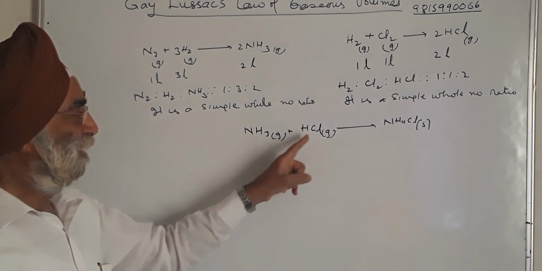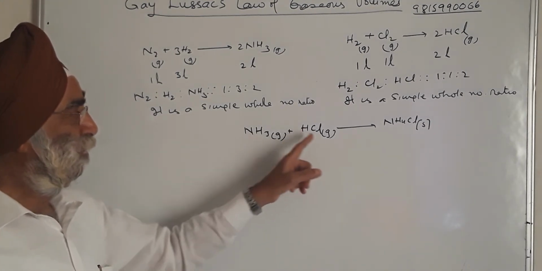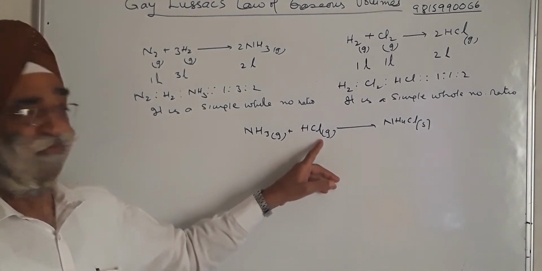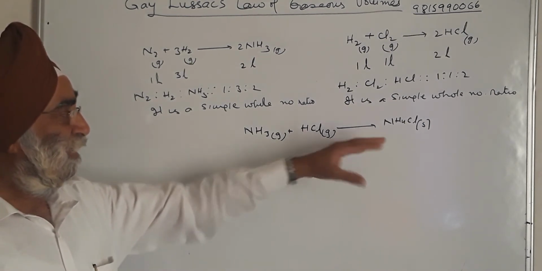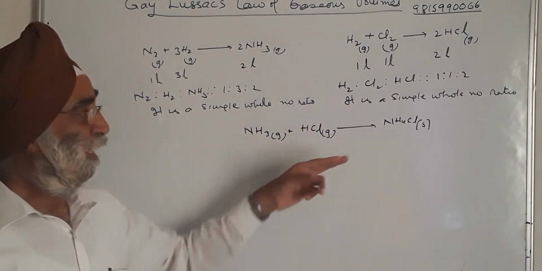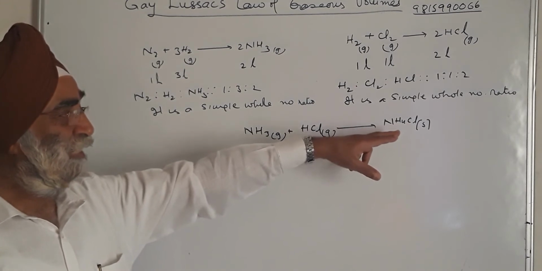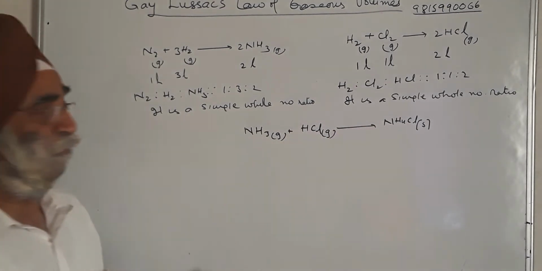Ammonia and HCl gases are allowed to come into contact. These gases vanish, and we get ammonium chloride, which is a solid substance.